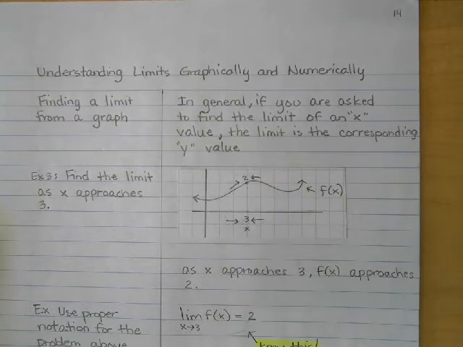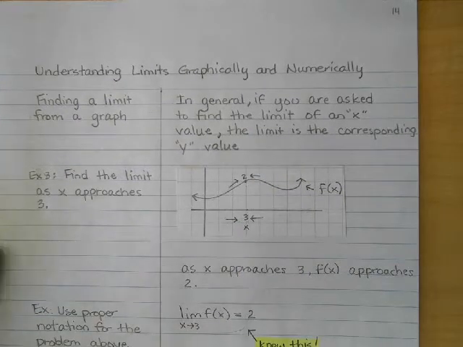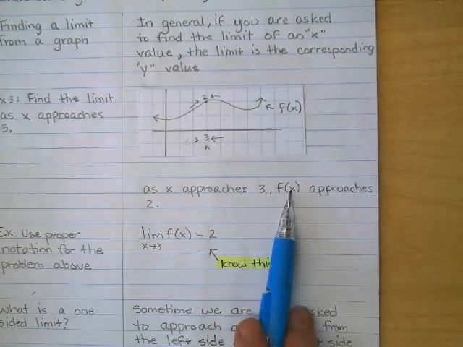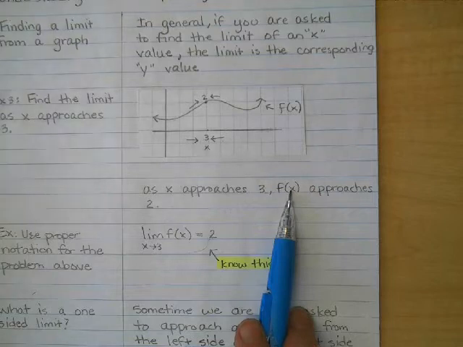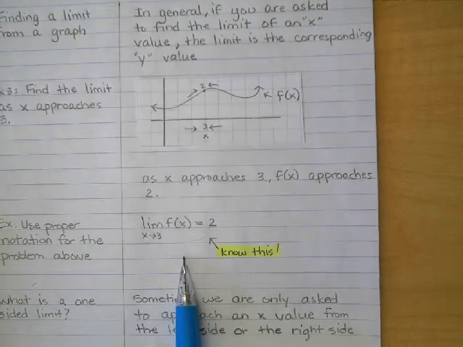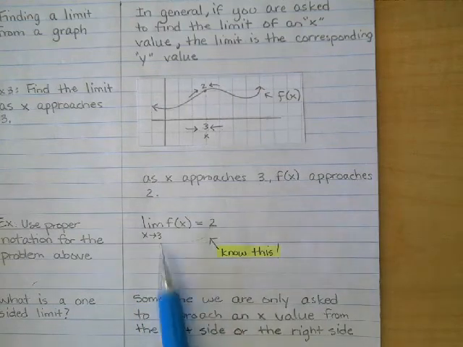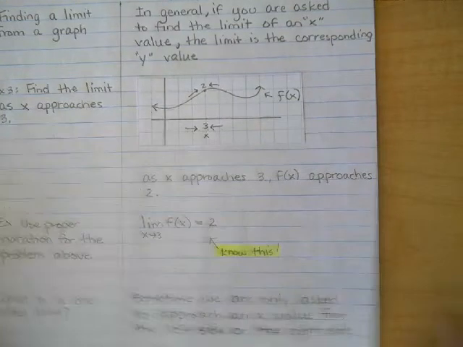The y is headed towards 2. So we say as x approaches 3, f of x, that just means the y value, approaches 2. And this is how we write that. That's something I want you to know for Tuesday, that's what that notation means. So that's brand new.